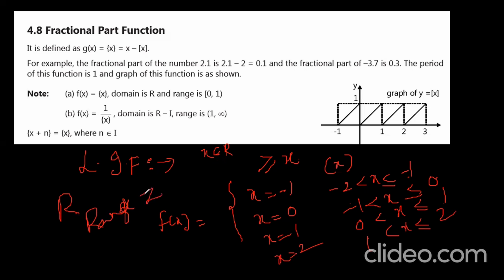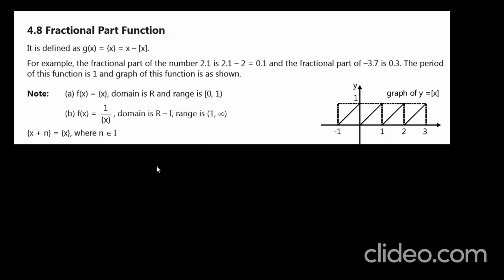Range is only integers. I am taking one more important thing under the least integer function. If k belongs to Z and x belongs to R, then the least integer of x plus k is going to be the least integer of x plus k.